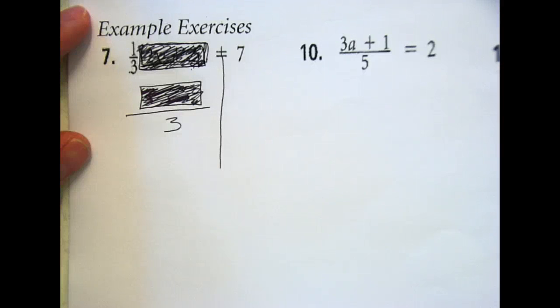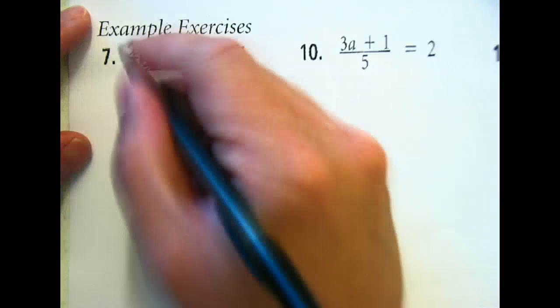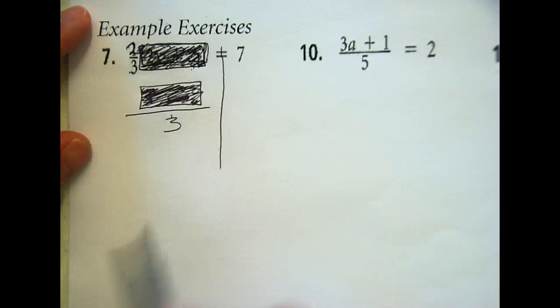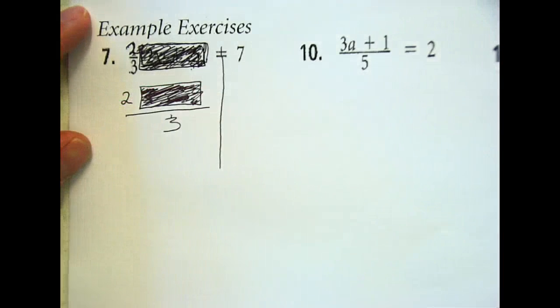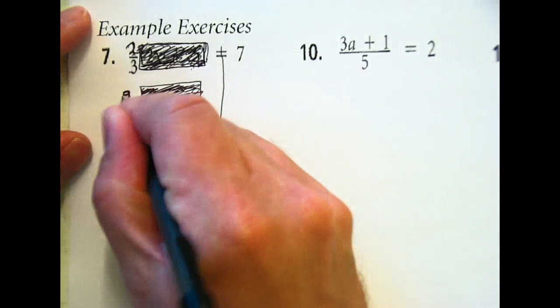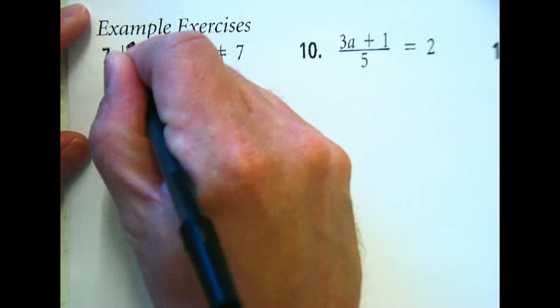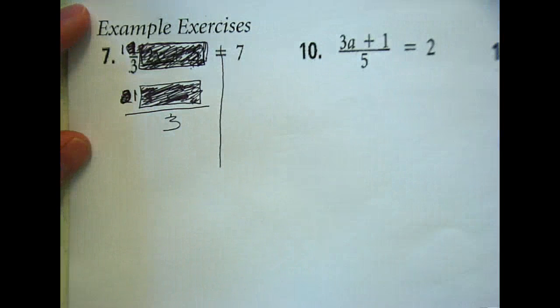If this was 2/3, you would write it like that. Whatever's on the bottom goes underneath here. The reason we don't show the 1 up here is because 1 times a box is a box.